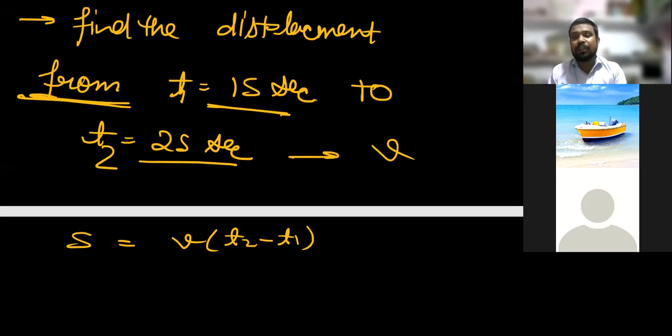Do not focus on before 15 seconds and after 25 seconds. I want only to focus on 15 to 25 seconds. In this duration, what is the displacement? Do you understand? Yes, sir.